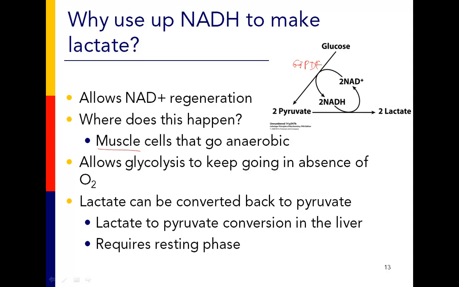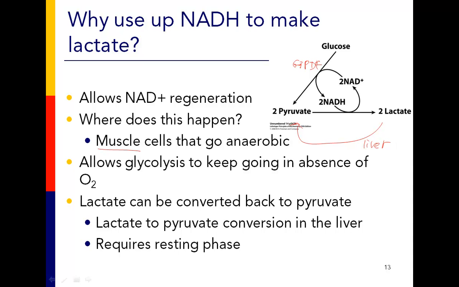Okay, so it allows glycolysis to go forward, but now we have this buildup of lactate. So what happens to the lactate? It actually, in the liver, gets converted back to pyruvate. Okay, and so this happens in the liver. So in the muscle cells, we have this buildup of lactate.